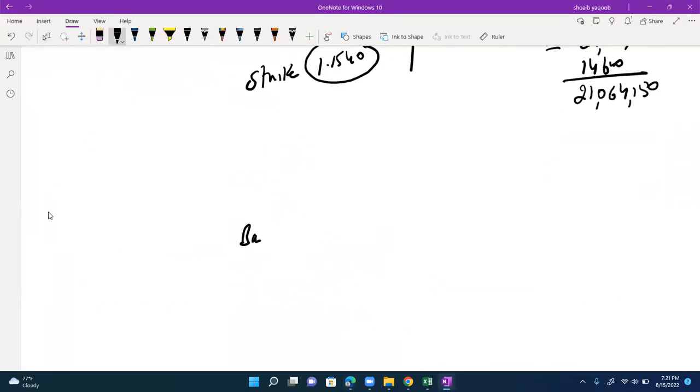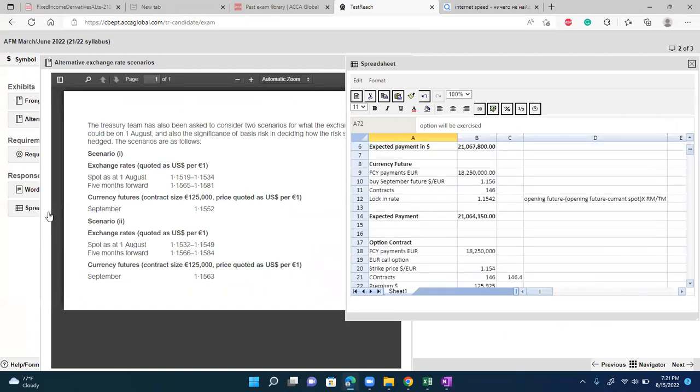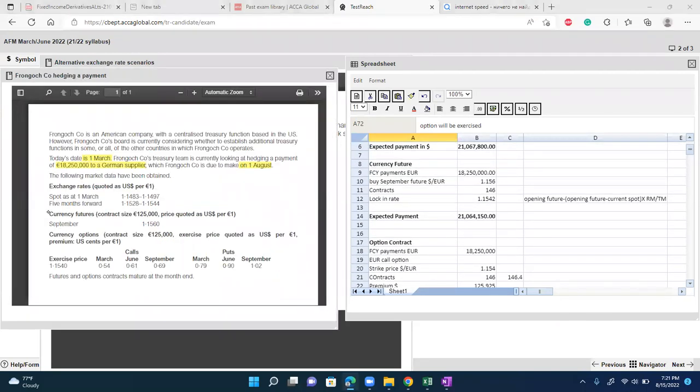Basis is the difference between the future rate and the current spot. On 1st March, the future rate was 1.1560 and the spot rate was 1.1497.